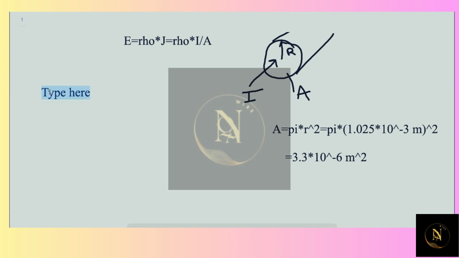So E equals 1.72 times 10 to the minus 8 ohm meters times 4.5 amps divided by 3.3 times 10 to the minus 6 meters squared. Okay, I have no idea how to actually delete things on here.